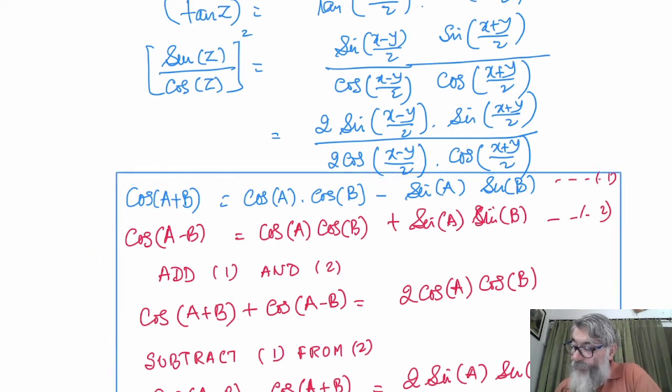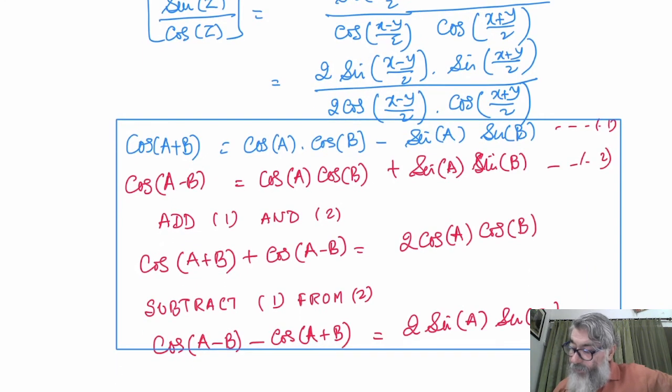Now let us go back to the question. 2 sin A sin B is cos (A minus B) minus cos (A plus B).